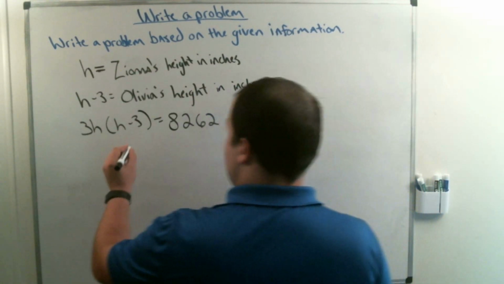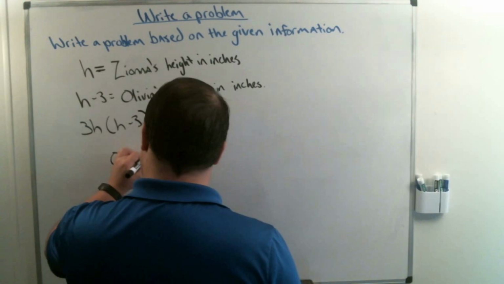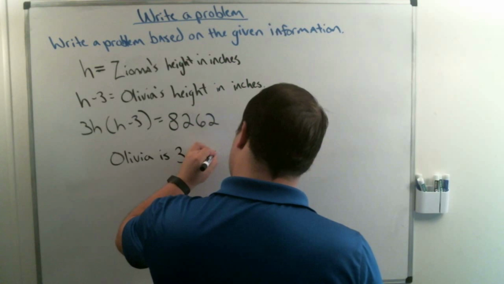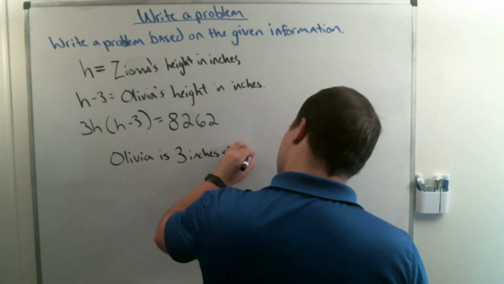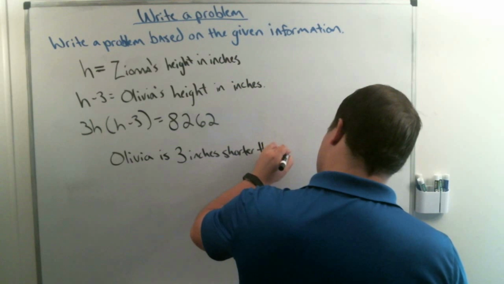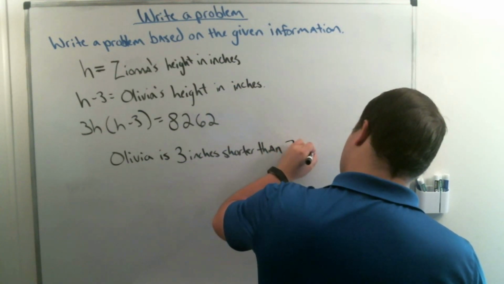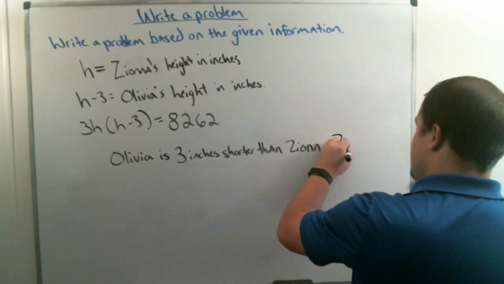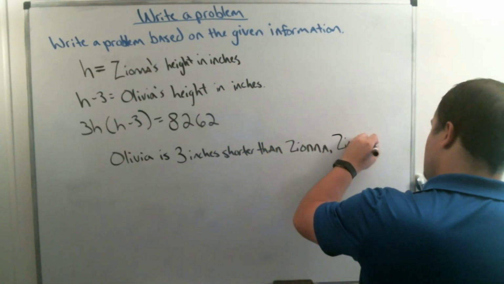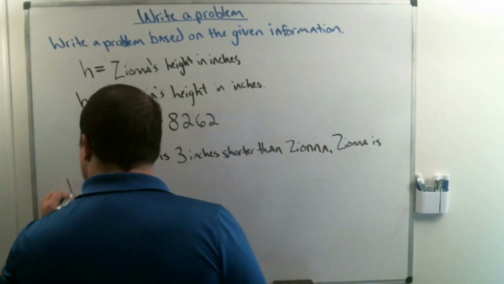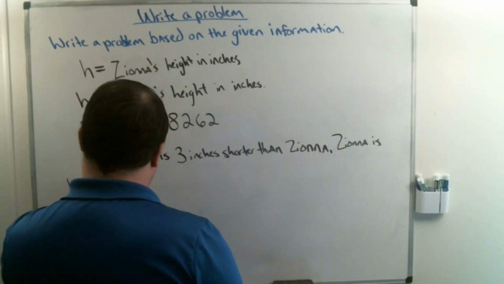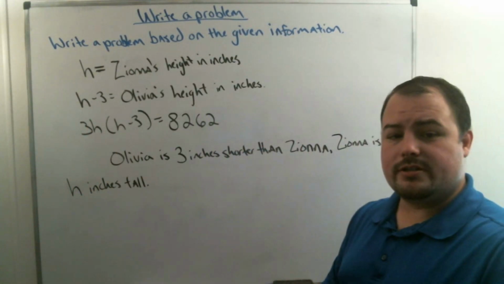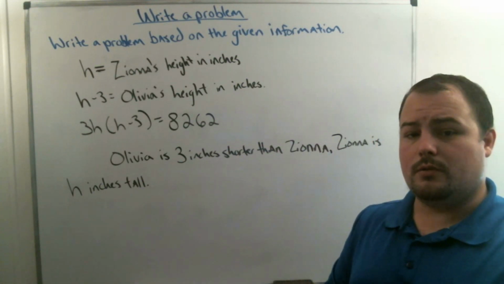So I'm going to say that Olivia is 3 inches shorter than Ziana. Ziana is h inches tall. So I know how tall Ziana is, and I know that Olivia is 3 inches shorter.